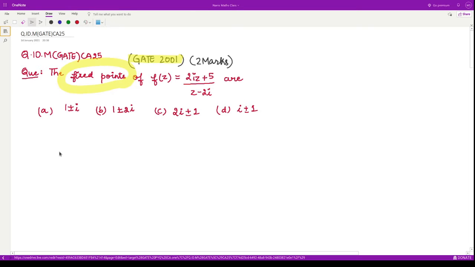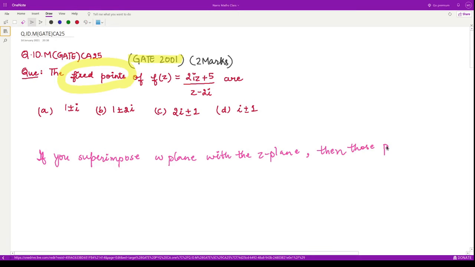For the purpose of understanding, if you superimpose the W plane with the Z plane, then those points which remain fixed are called fixed points. So let us understand this visually.